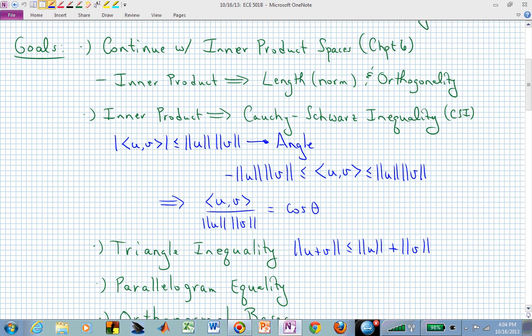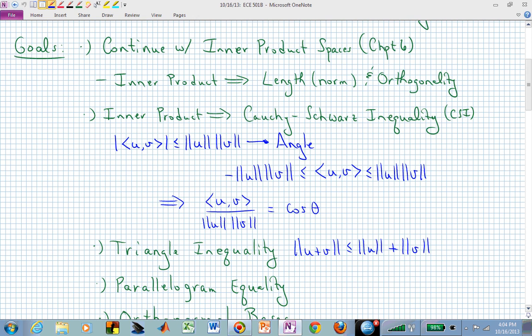If you rewrite that absolute value inequality, then you get that minus the product of those two norms is less than or equal to the inner product. That's when that inner product might be negative, so it can go all the way on the negative side, or it's bounded above by the positive side.